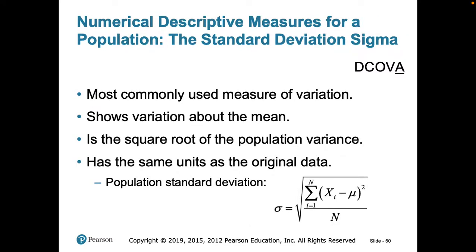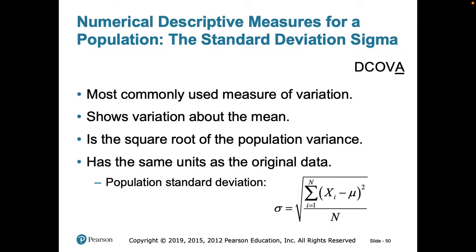And you have your standard deviation. In this case, we're going to use sigma, and sigma is basically the square root of the variance. This is the one you're going to use most of the time to measure variation, because it shows variation from the mean and is the square root of the population variance.